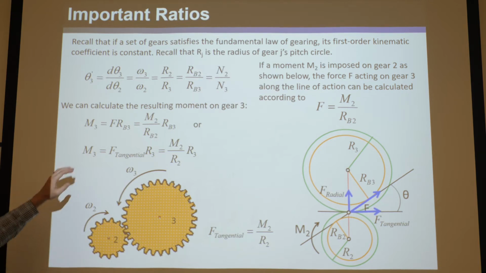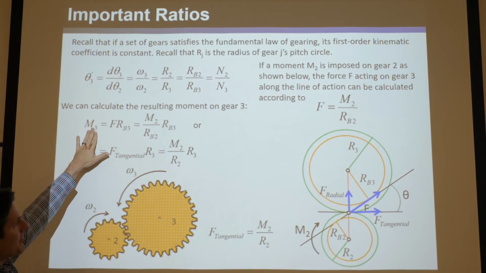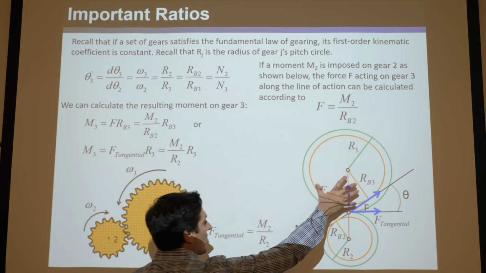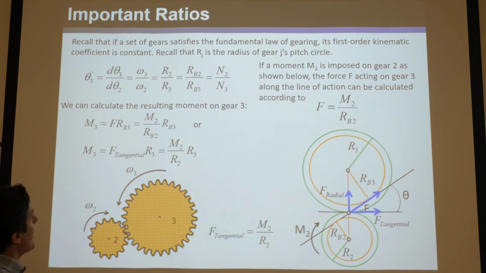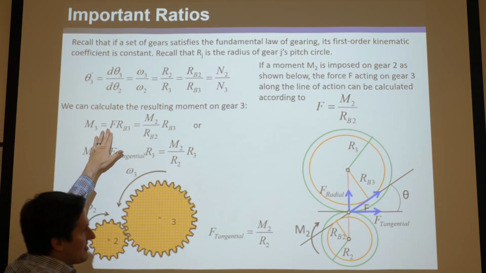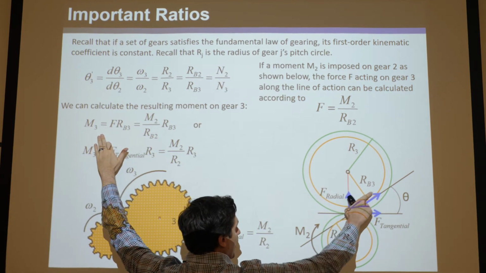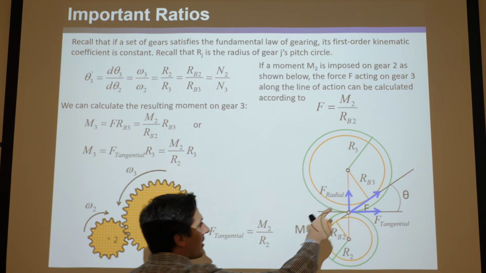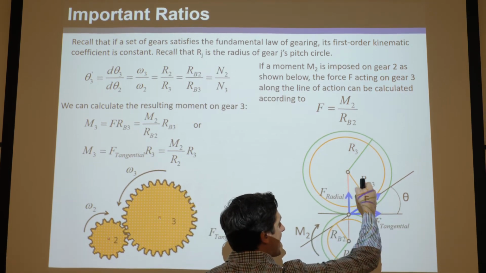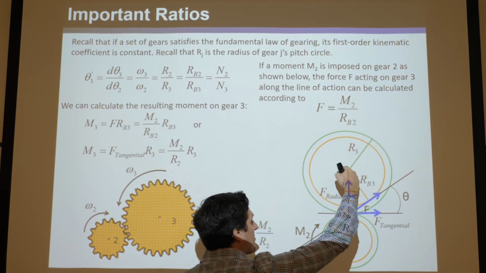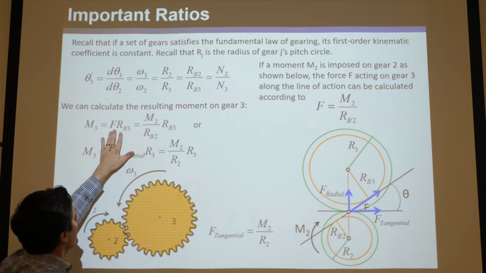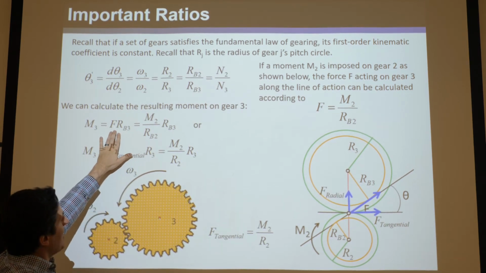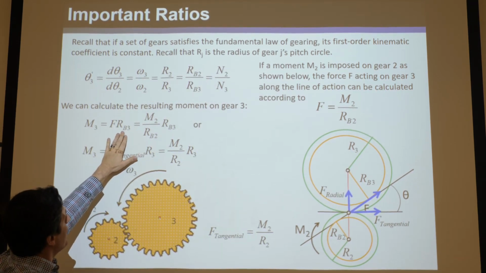Now let's look at some other relationships. M3, in other words, the M that would be imparted on this gear, would be F, the force imparted on this by M2, times RB3. That's the force going tangent to the orange circle, so you times it by RB3, that's M3.